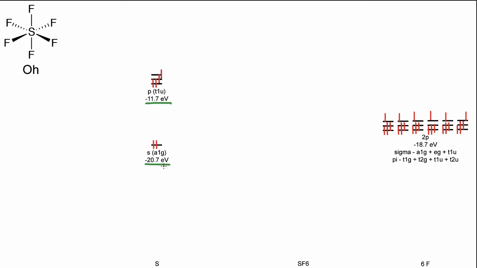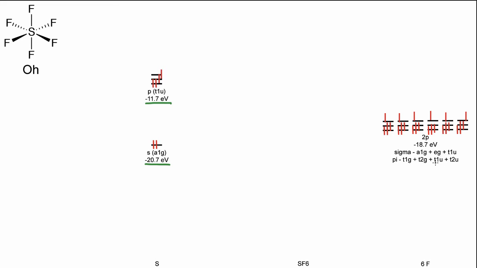We can see in the case of the s orbital, it has A1g symmetry. We're going to be forming an A1g molecular orbital with a 2p sigma SALC. In the case of the 3p orbitals on the sulfur, they will have T1u symmetry. And if we look at the symmetries for the SALCs on the fluorines, we can see that we're going to form both a sigma MO and also a pi MO in that case.